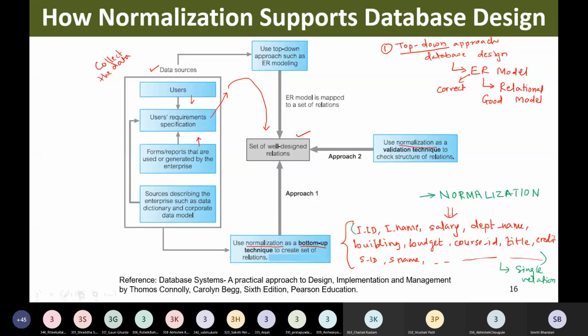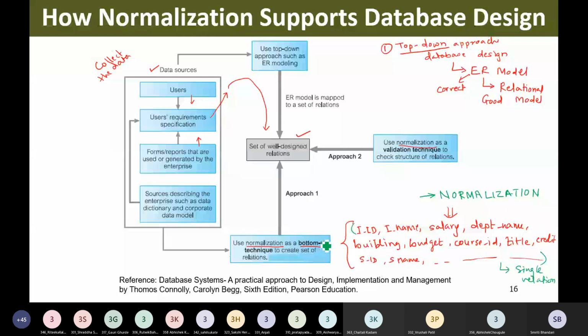So this is the other approach, the bottom-up approach. We have all the attributes dumped into a single relation, then we apply normalization, and this process gives us well-designed relations. This is known as the bottom-up approach.